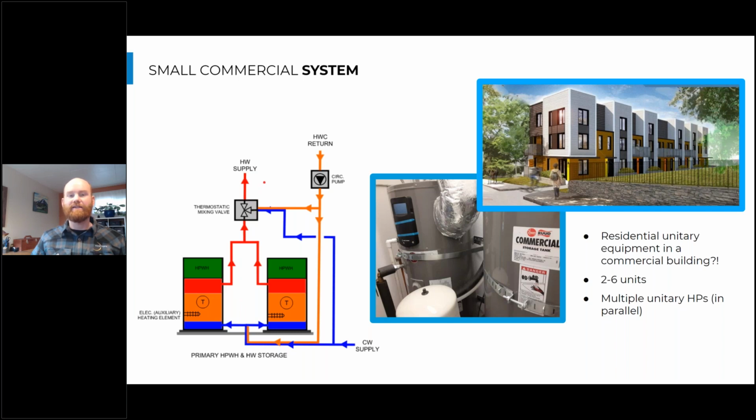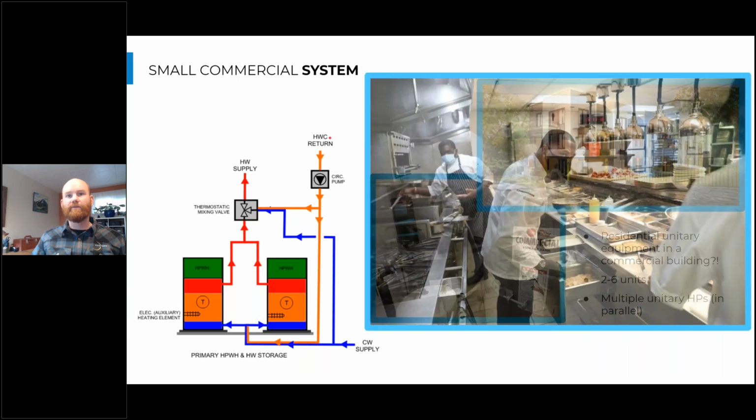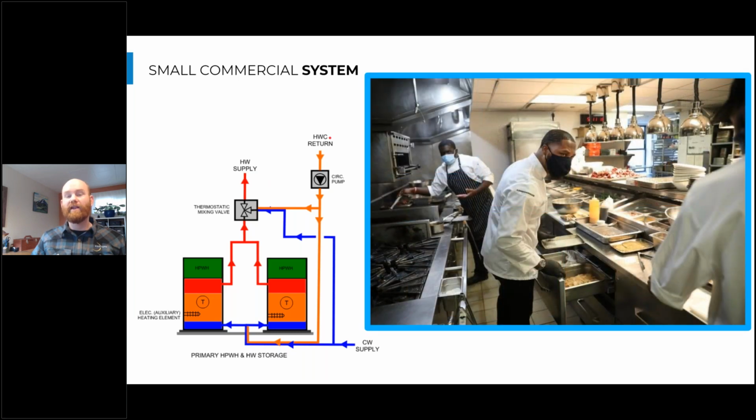But once again, this is really using the residential unitary equipment, and it's more suitable for smaller buildings. It's also really great for commercial kitchens or other restaurant environments that have a water heating load.